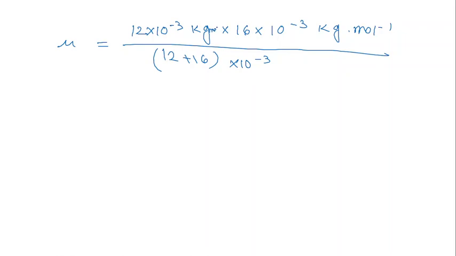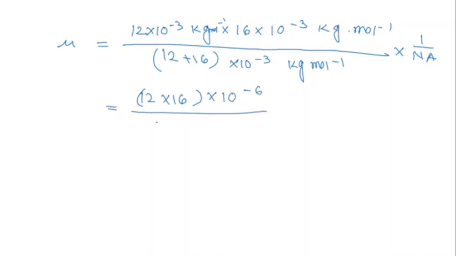Here, kg mole inverse, so here it will be kg per mole. Another thing is there, Avogadro number, 1 by Na. So 12 into 16 into 10 to the power minus 6, over 12 plus 16 into 10 to the power minus 3.